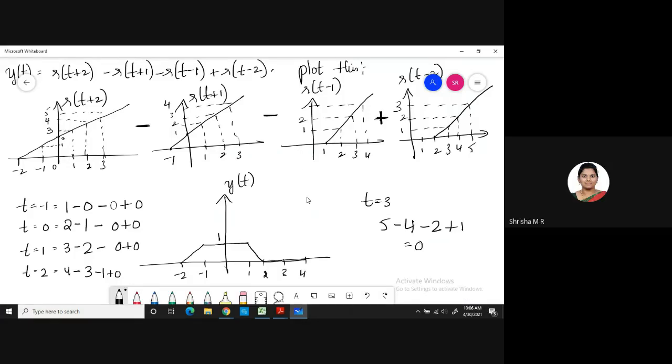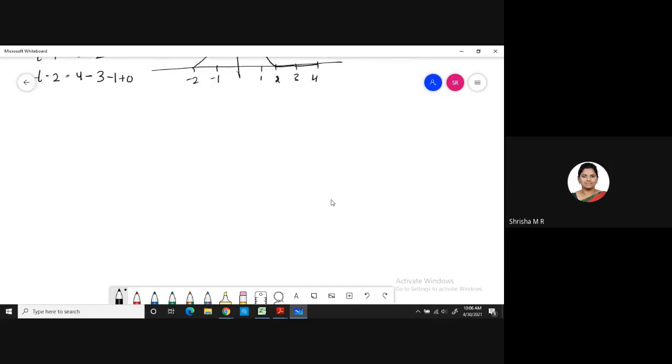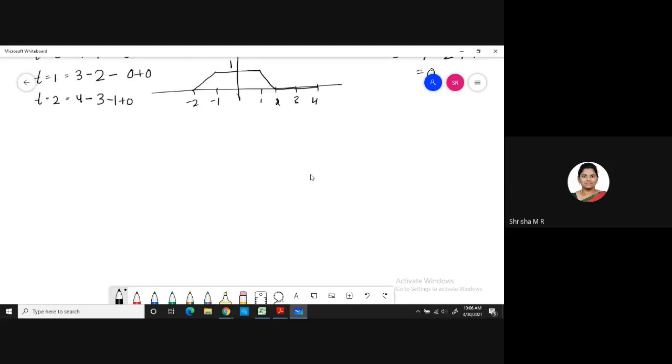I had given you a problem to express x of t in terms of g of t. Now we shall see that. Express x of t in terms of g of t. Okay, x of t I will draw first.